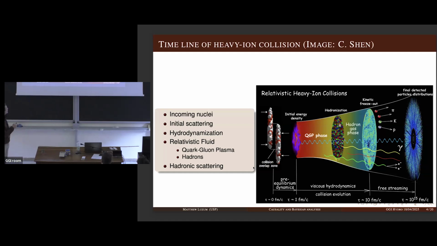This is a picture showing the stages involved, how we model this. The most important for this talk is that the major part of a simulation usually treats the system as a relativistic viscous fluid.